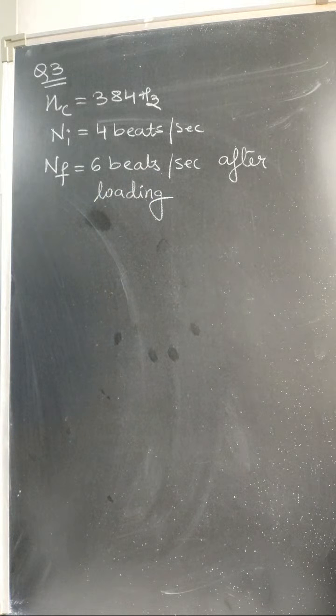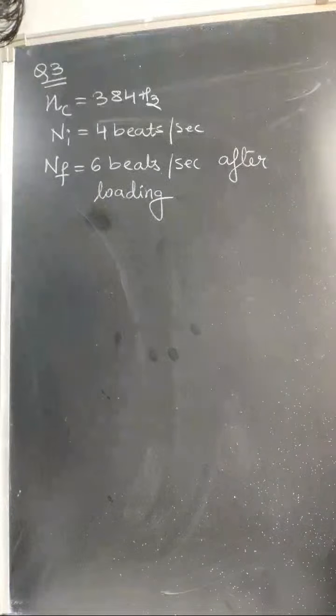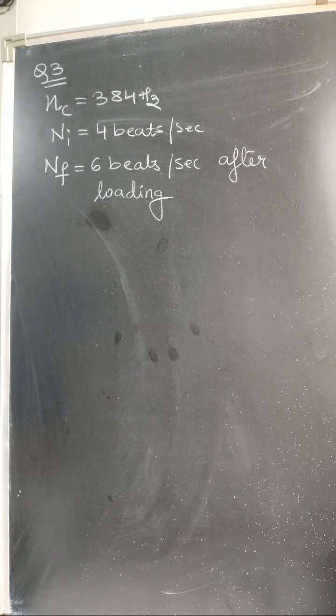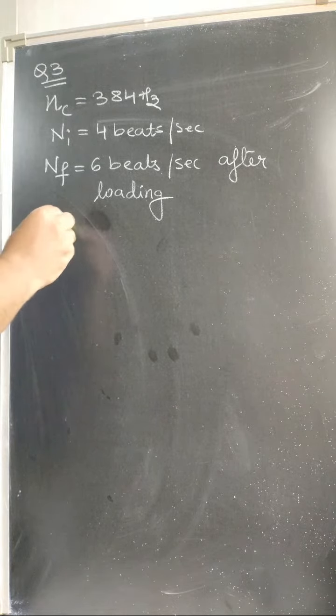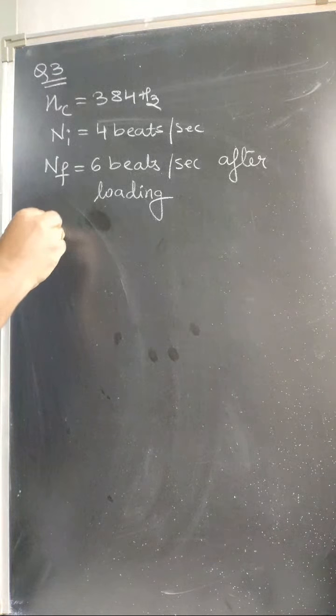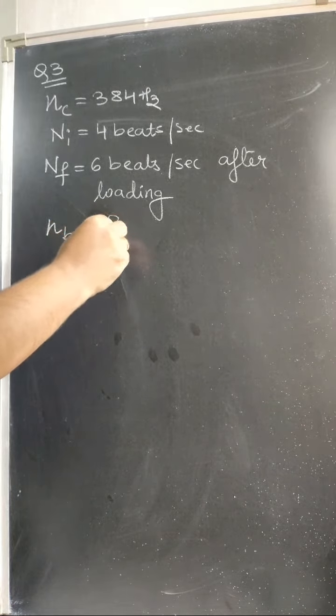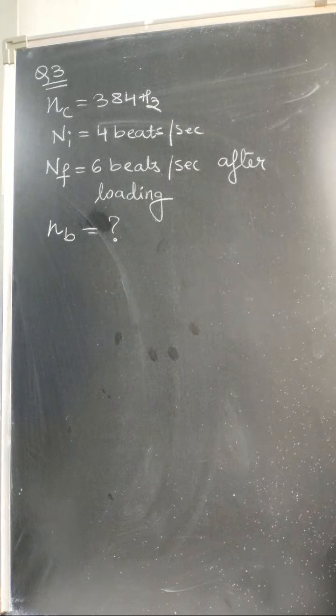After loading, what was the frequency of tuning fork B before loading? So we have to find the frequency of B. Is that clear?